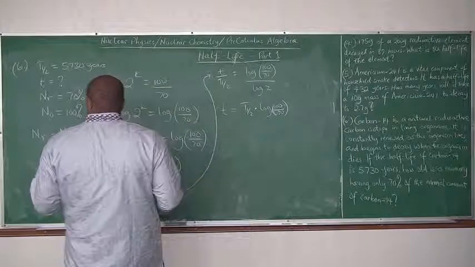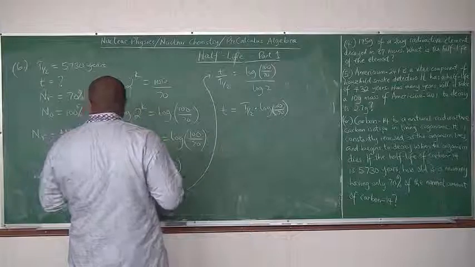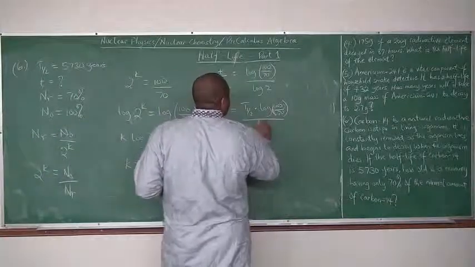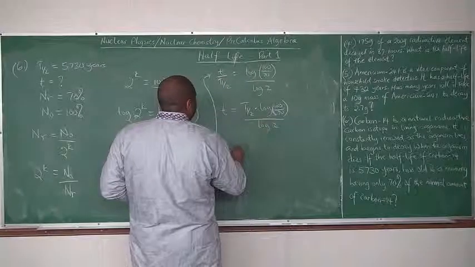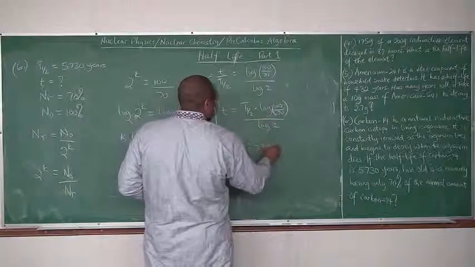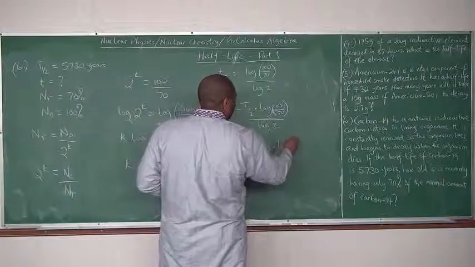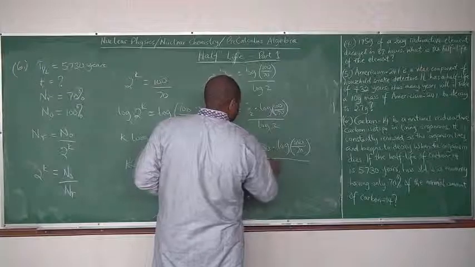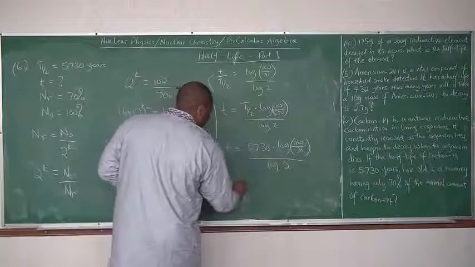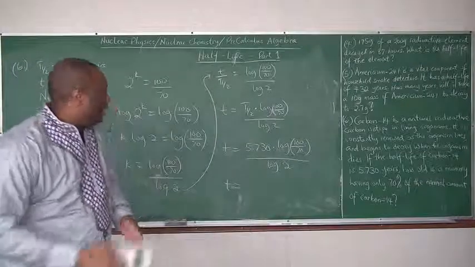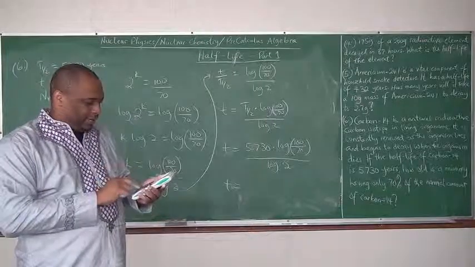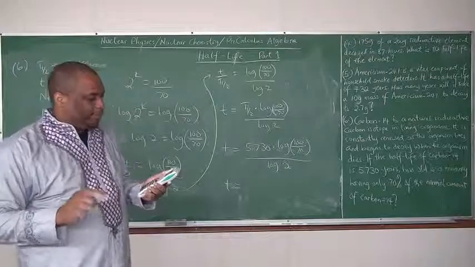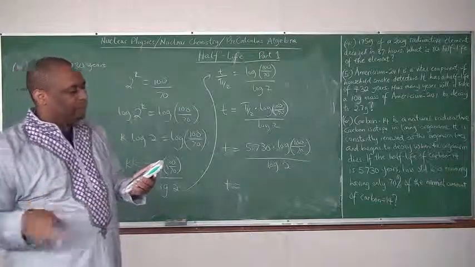Let me make sure I'm doing this well. All over log 2, and my T will be 5730 times log 100 over 70 over log 2. So let's find the time. I'll do 100 divided by 70 first, which is 10 divided by 7, 1.428571429.